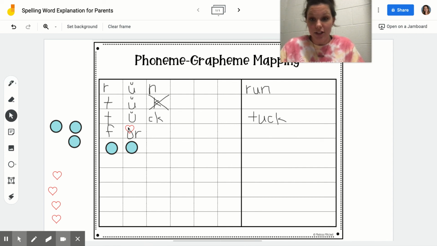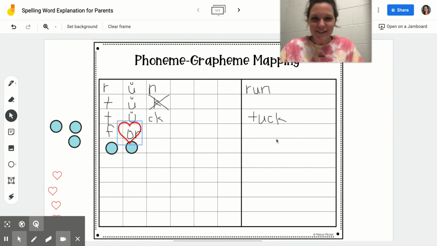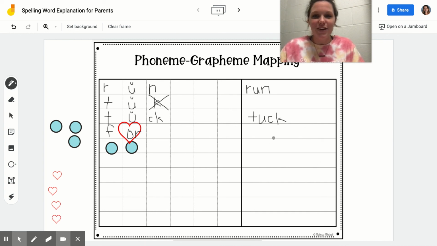I've seen it that way too. I'm scared that if we put it over it like this, that is going to mess up the kids' writing. Uh-oh. Don't know what happened. Sorry about that. And then you will write it over here.